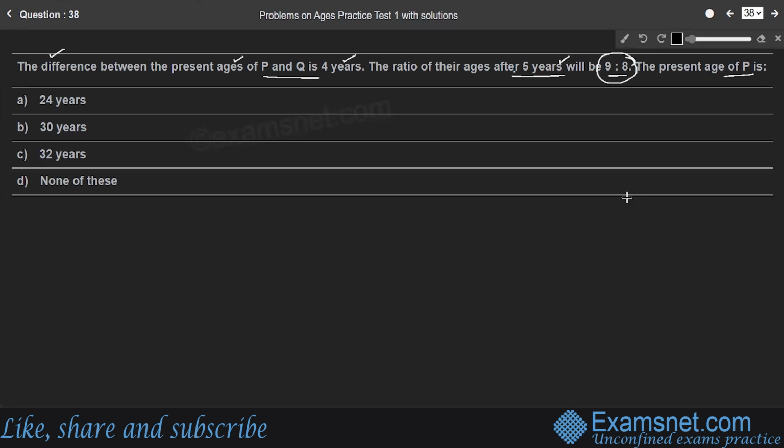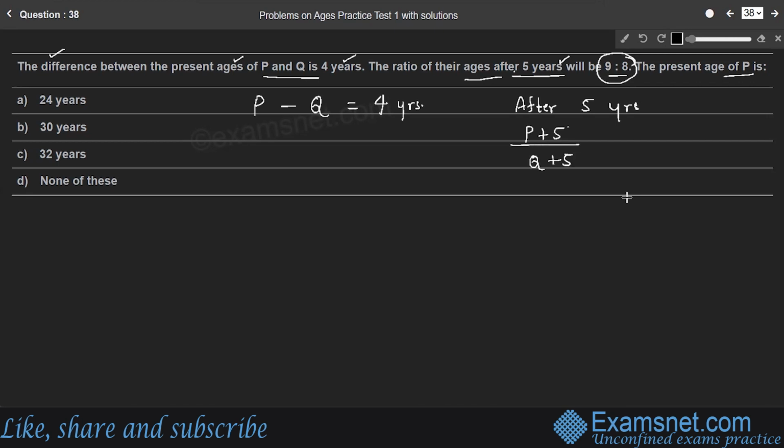That means P is older compared to Q. So we'll consider the difference between their ages. P minus Q is equal to 4 years. So after 5 years, we'll consider their ages. After 5 years, P will be P plus 5 years old divided by Q plus 5 years.